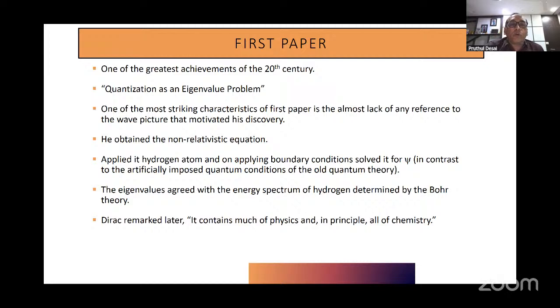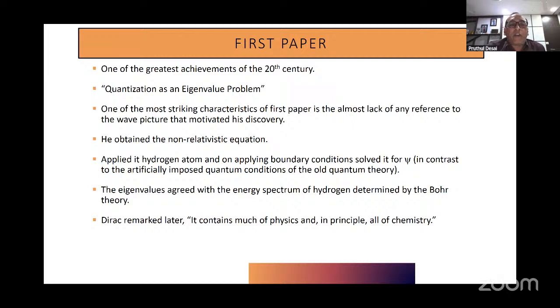One of the most striking characteristics of this first paper is that there is almost a lack of any reference to the wave picture that motivated this discovery. In his paper, he never mentions anything about the wave picture. He obtains the non-relativistic Schrödinger equation, applies it to the hydrogen atom, and on applying boundary conditions, solves it for psi.